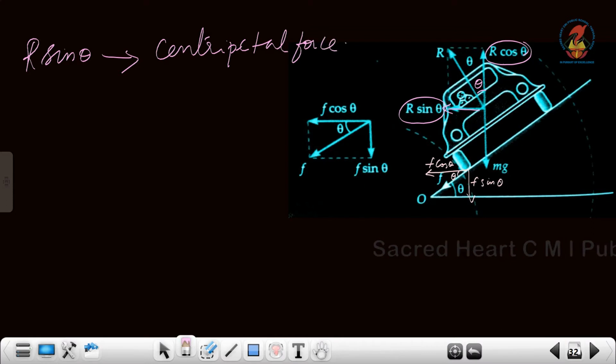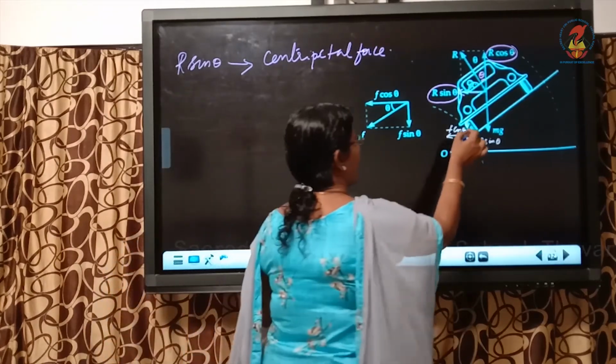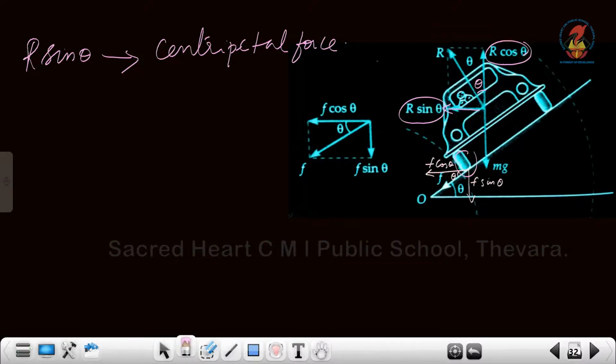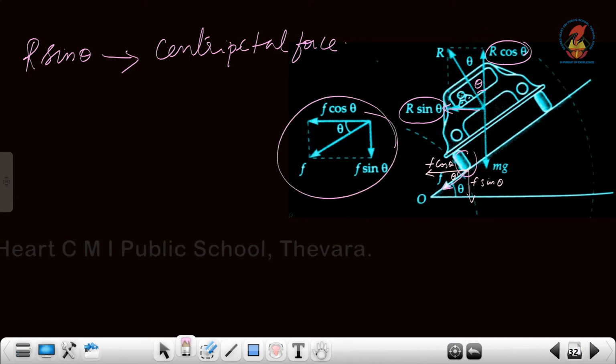The component of normal reaction R sin theta is providing centripetal force along with what? Along with the friction between the road and the tire. Now if you look into the diagram, you can see friction is acting downwards. This is the elaborated section of this figure. Friction is acting downwards and it is making an angle theta with the normal.